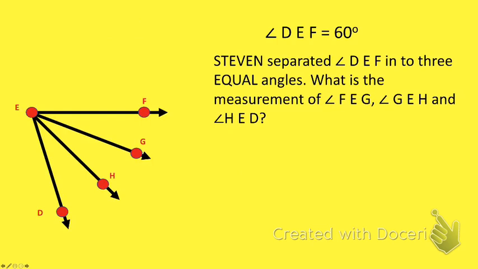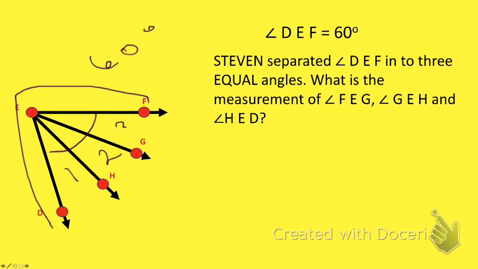Now here's the challenge one. This whole angle from here to here is only 60 degrees. That's all, just 60. Stephen separated angle DEF into three equal angles. Here's angle 1, angle 2, angle 3. We know all those angles are equal.